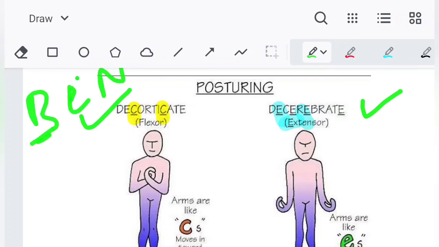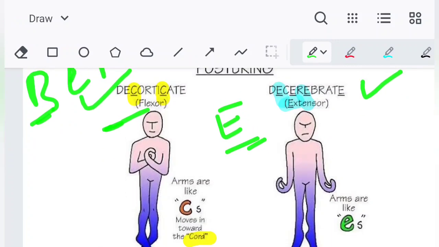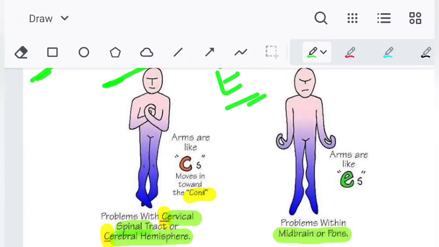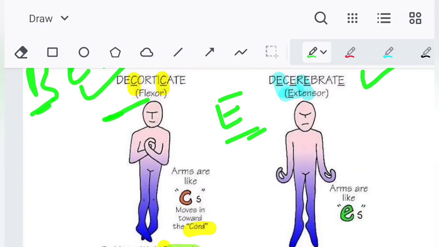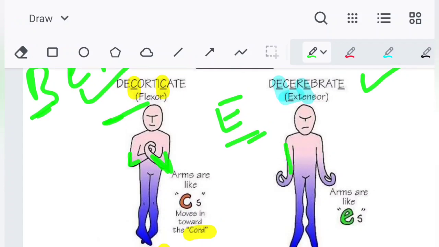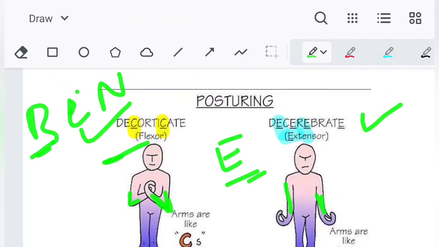So B is for this flexion and E is for this extension or decerebrate positioning. So in bending, the arms are like C, that is there is flexion in the arm, and in decerebrate there is extension of the arm.